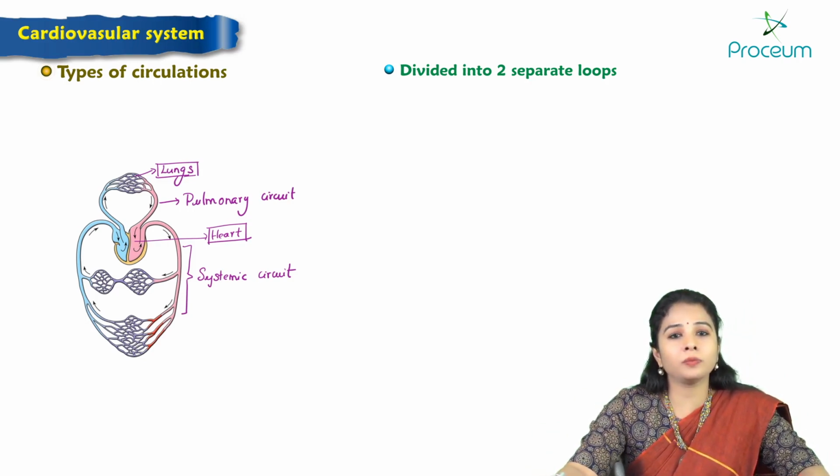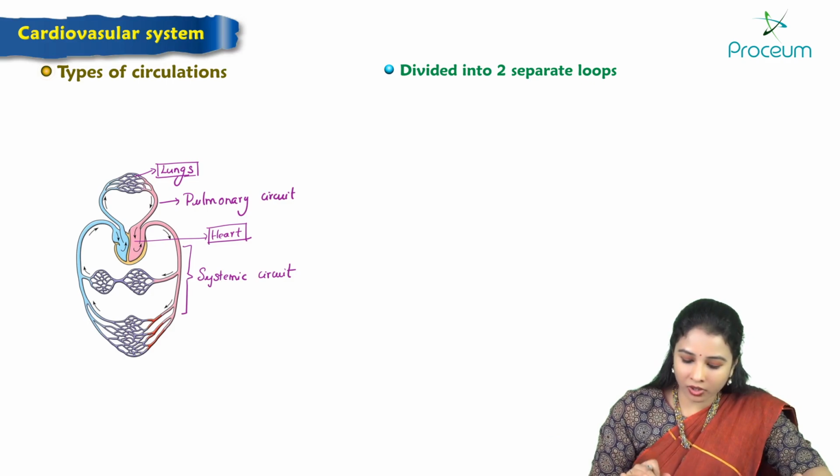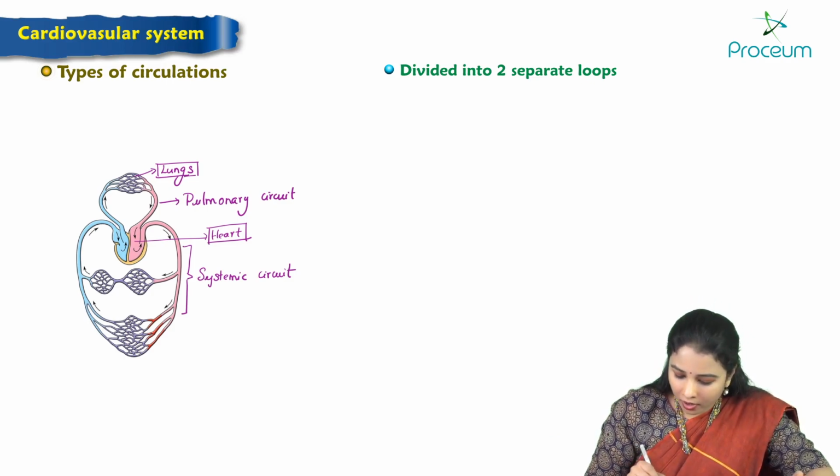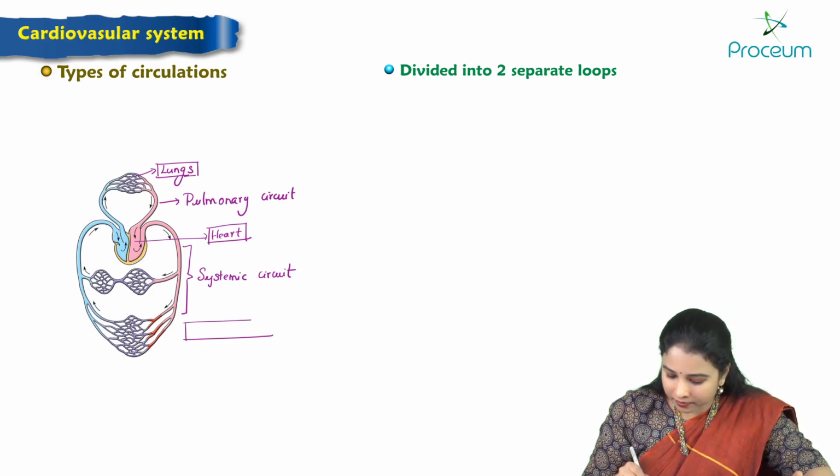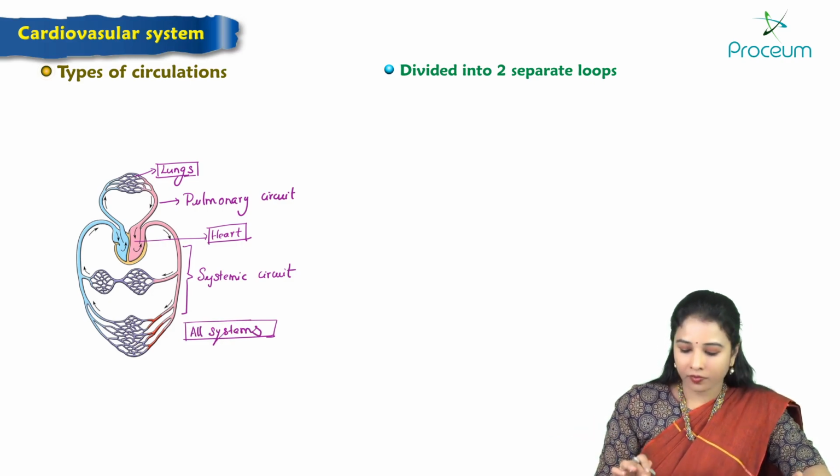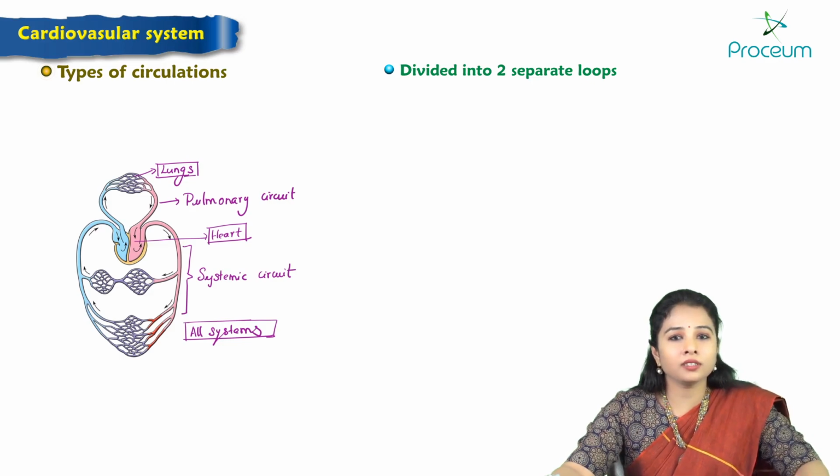So that is the shorter pulmonary circuit. The longer systemic circuit distributes the blood throughout all other systems and tissues of the body. So it is between the heart and all other systems. That is called the systemic circuit.